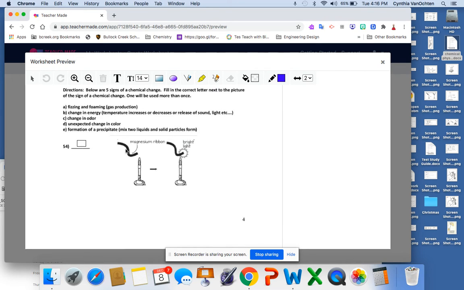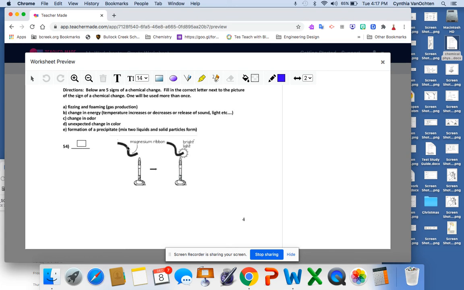So for example, a magnesium ribbon is held to a flame and a bright light is given off. So you would want to identify if that sign of a chemical change is fizzing and foaming, change in energy, change in odor, unexpected color change, or formation of a precipitate, which is when you mix 2 liquids and get a solid. And again, these are your 5 signs of a chemical change.